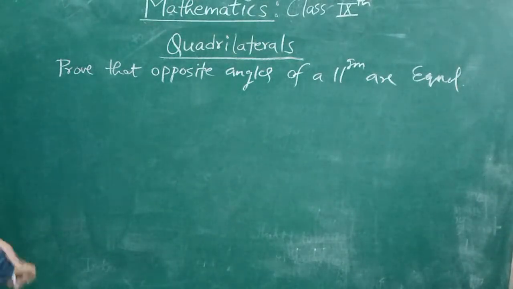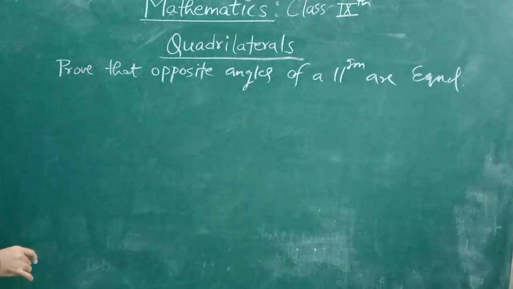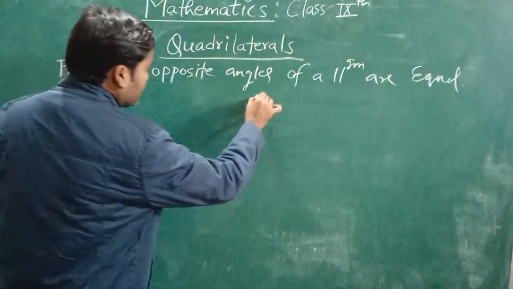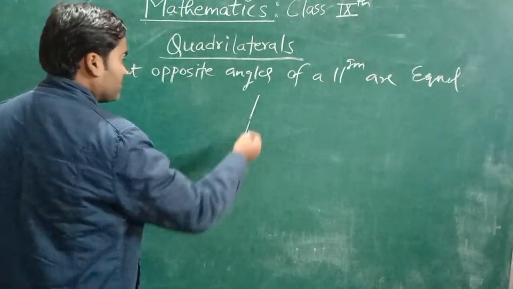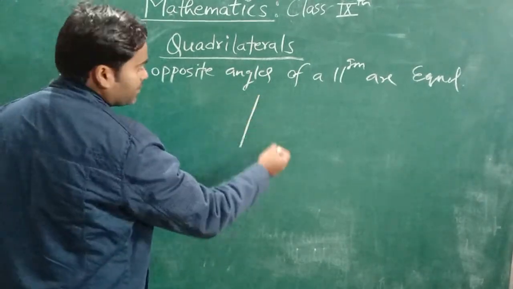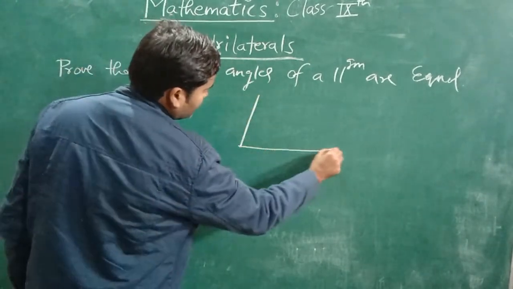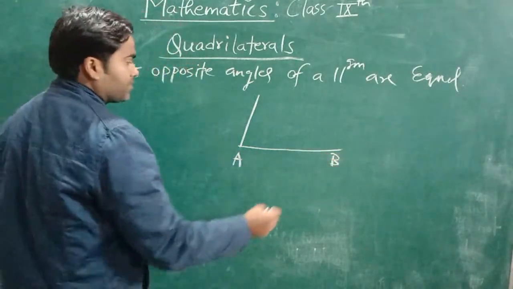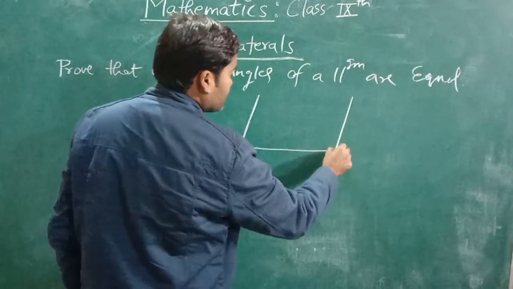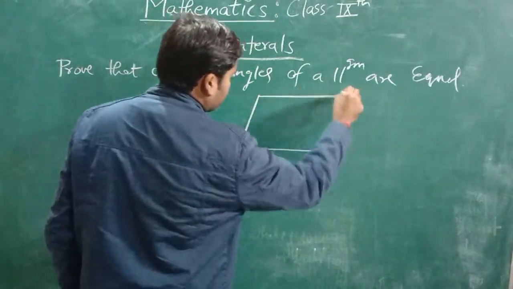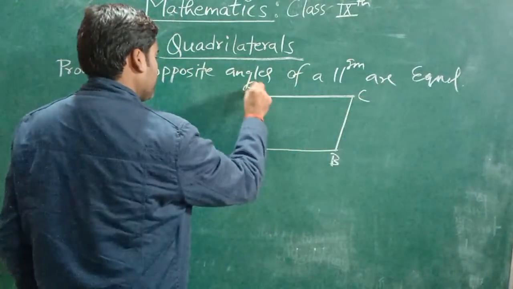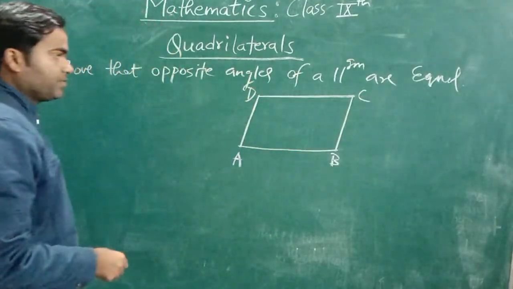First of all, you should make a parallelogram with base AB. ABCD is a parallelogram.